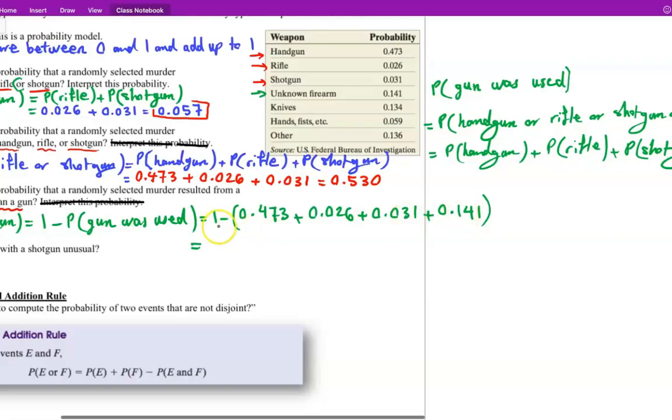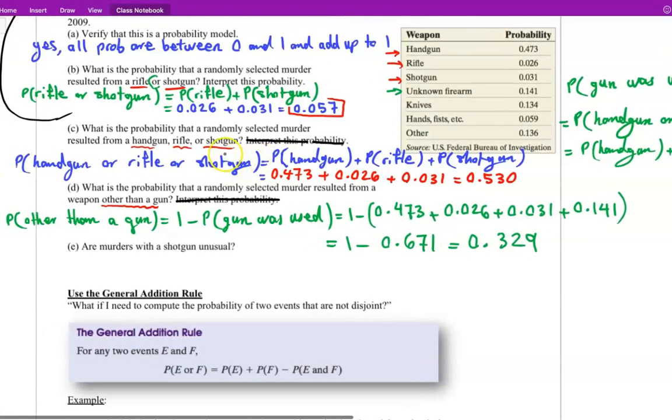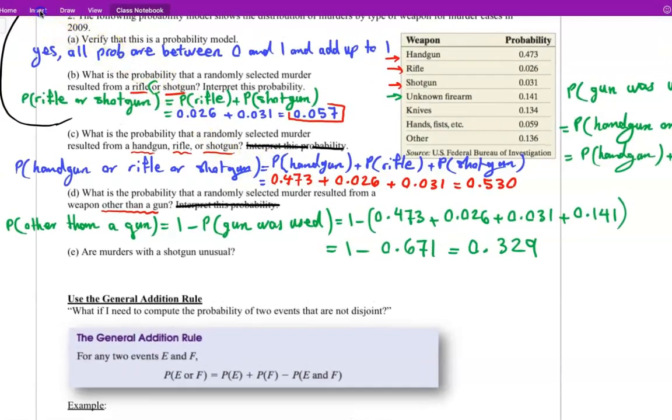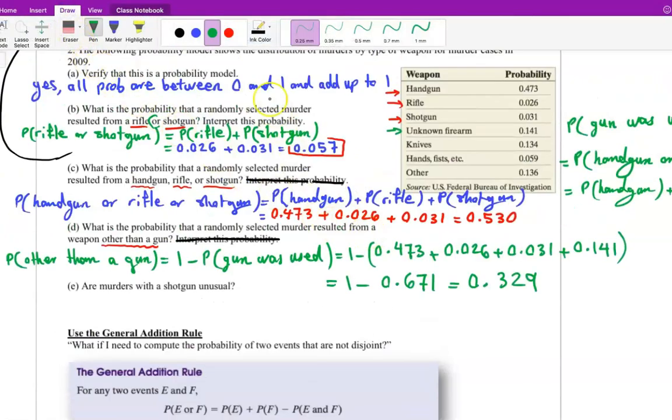Add all these, subtract from 1. The answer is 0.329. So this is the answer for part D.